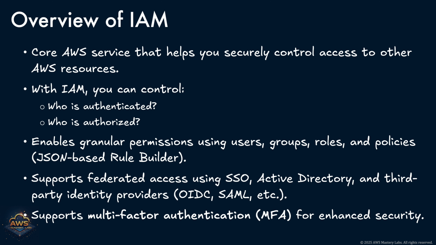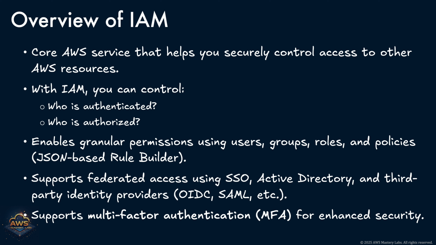IAM gives you fine-grained control over permissions through users, groups, roles, and policies, using a JSON-based policy language that acts like a rule builder. This means you can define exactly which actions are allowed, under what conditions, and for which resources. It also supports federated access, letting you integrate with your existing identity systems like AWS SSO, Active Directory, or third-party identity providers using SAML or OIDC, so your users can sign in using credentials they already have.